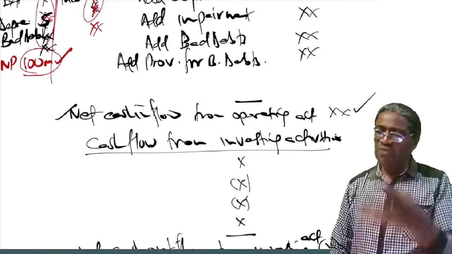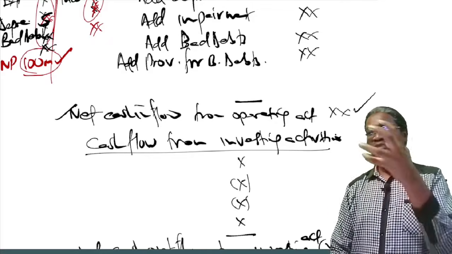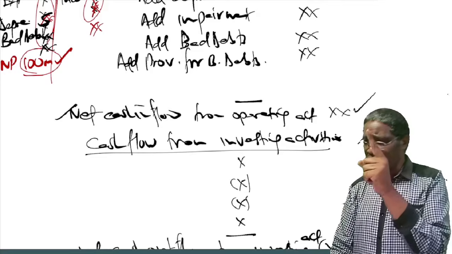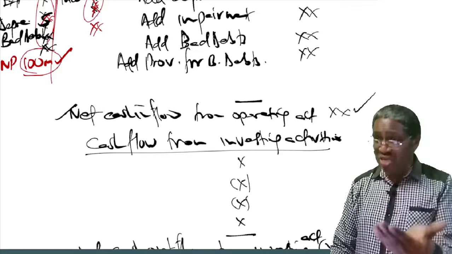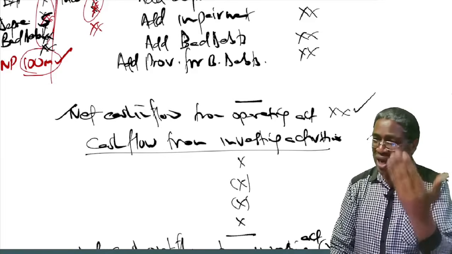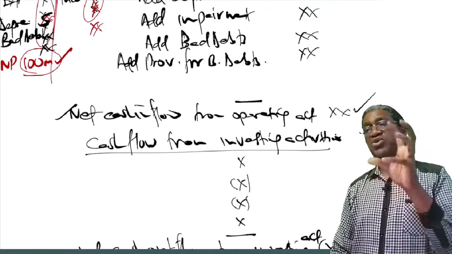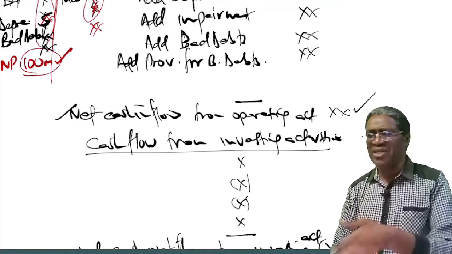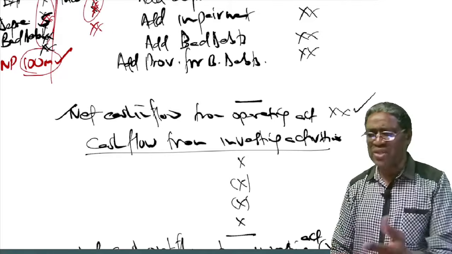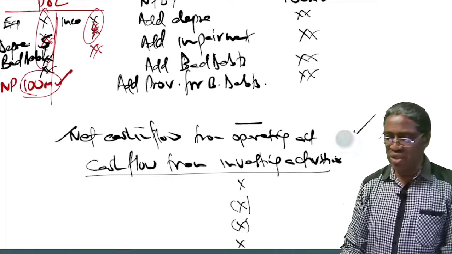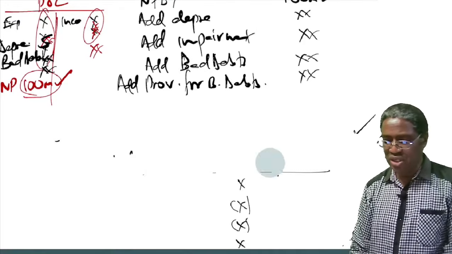We call depreciation for tangible items, but for intangible items, we call it amortization. So the concept is the same as depreciation. It's only that for intangible assets like patents, trademarks, copyrights, we call it amortization.